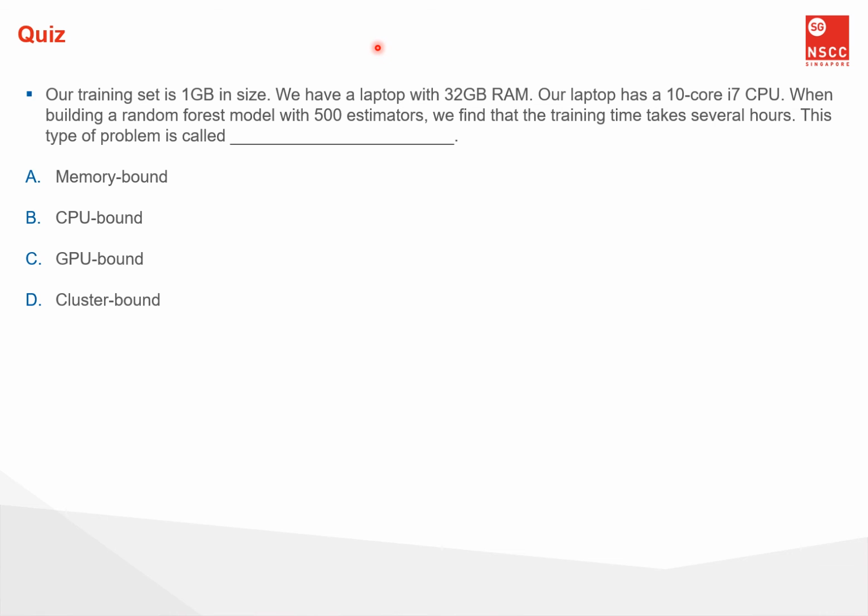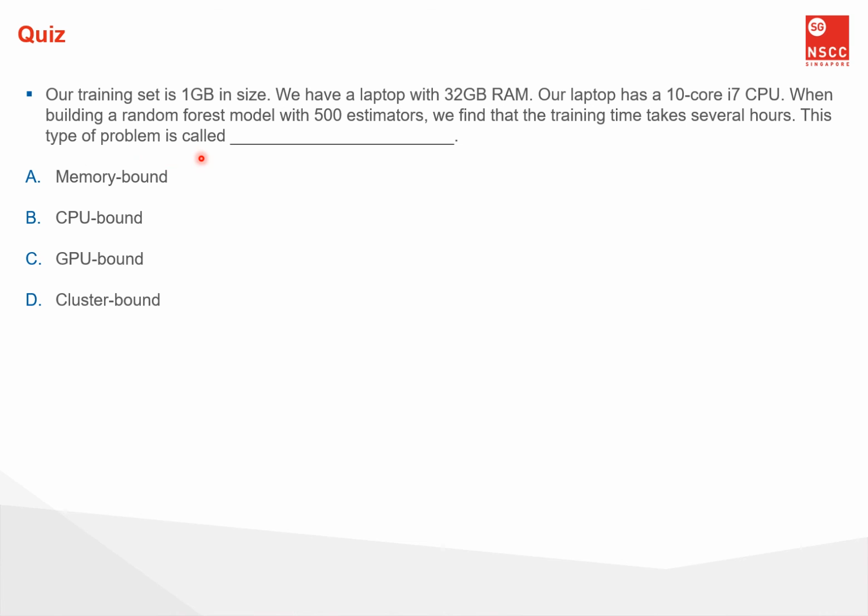So here's a quick quiz for you. Our training set is 1 GB in size, so this is pretty large. And we have a terabyte laptop with 32 GB of RAM. Our laptop has a 10-core i7 CPU. When building a random forest model with 500 estimators, we find that the training time is taking several hours, too huge a time, because this is an ensemble model.